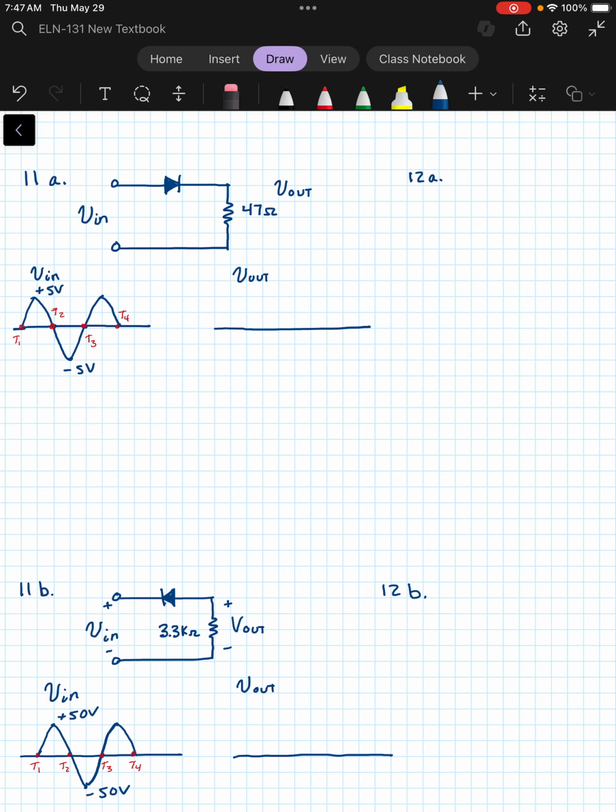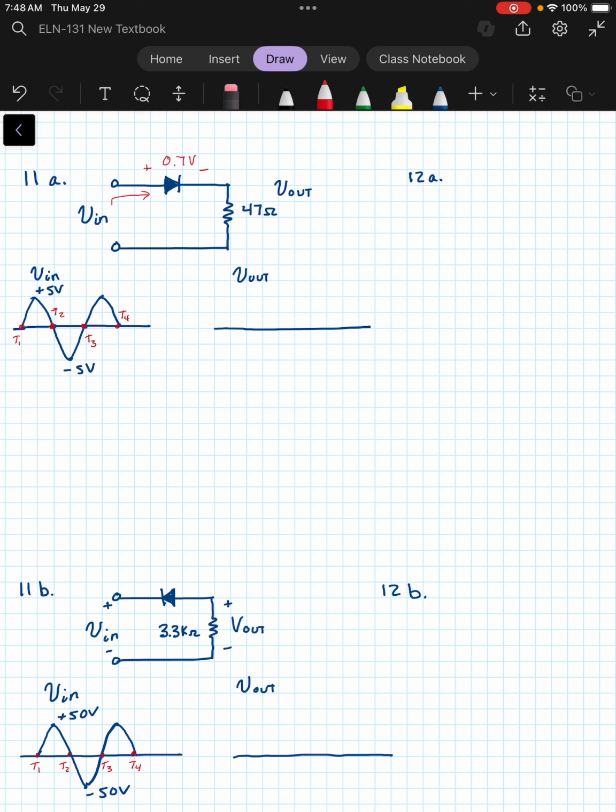Okay, let's talk about half rectifier problems. So here I have problem 11, and we're asked to draw the output waveform for each circuit. So I'm going to draw the output waveform here. So for the top here, we see that the current will be allowed to flow when the voltage is positive, at least 0.7 volts more.